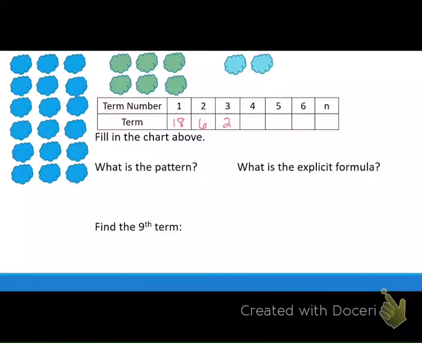Hey, Josh, what is the pattern? You're not dividing by half, but you are multiplying. Yes, multiply by what? Multiply by 1/3.